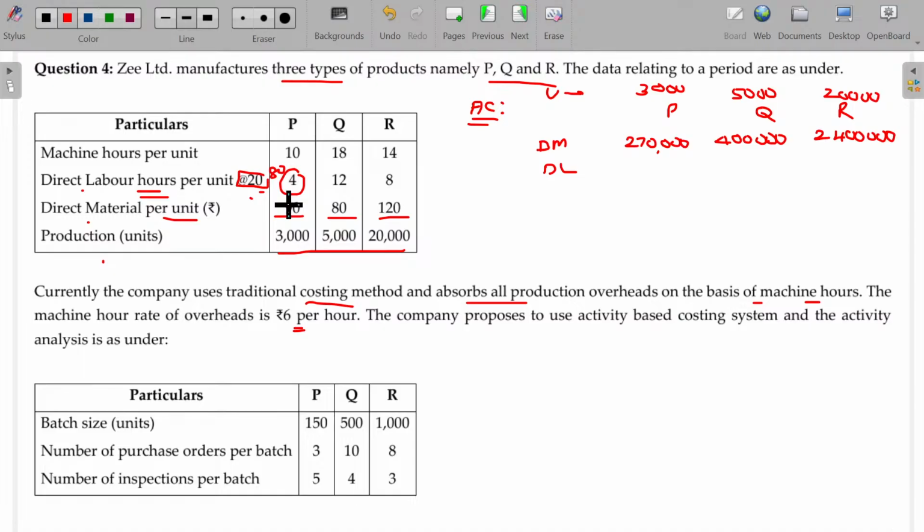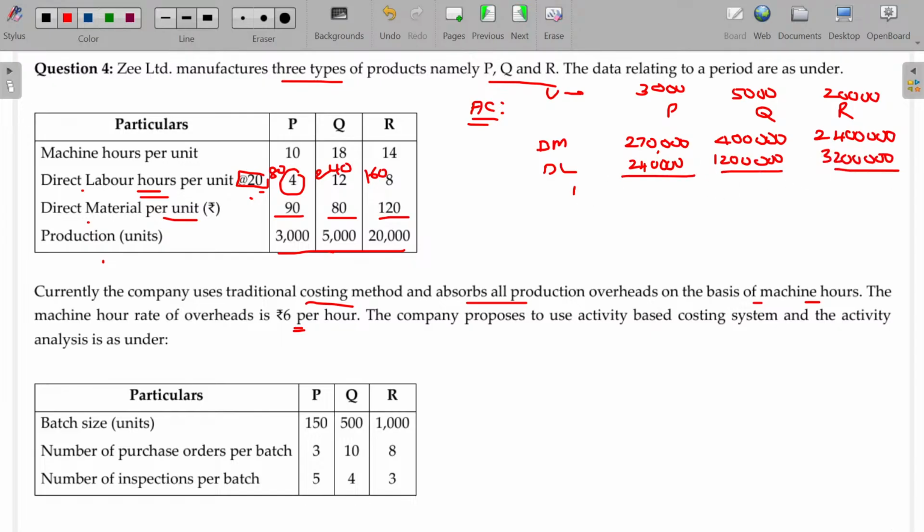And 12 into 20, 240; 8 into 20, 160. So 80 into 3000, 2 lakhs 40; 240 into 5000, 12 lakhs; 120 into 160, 32 lakhs.